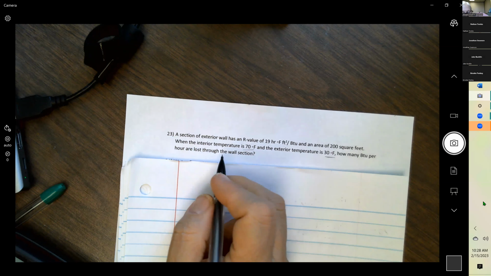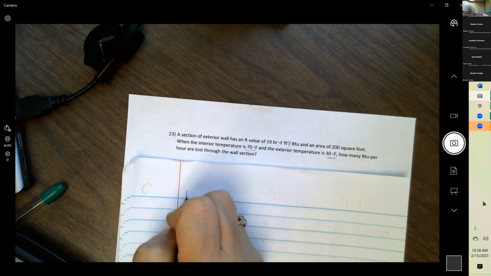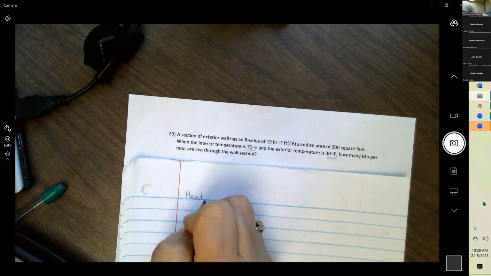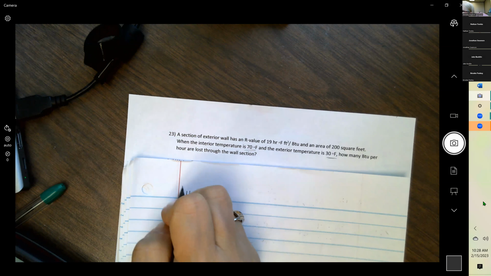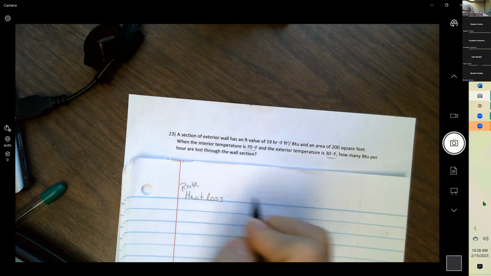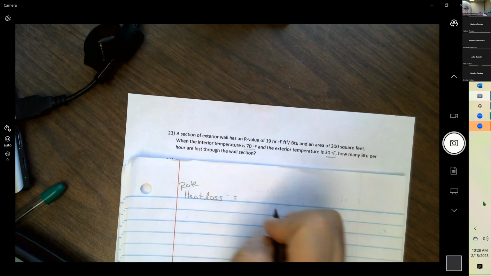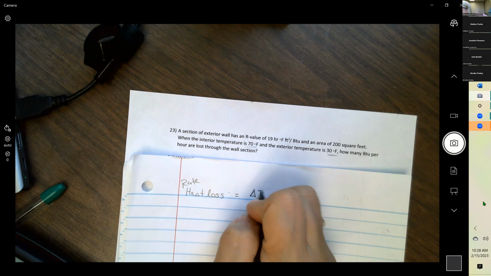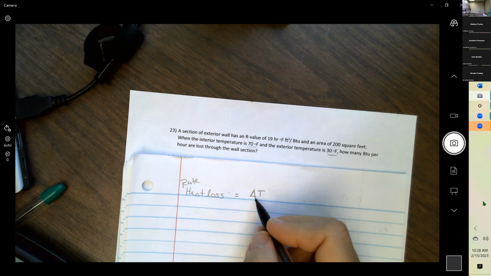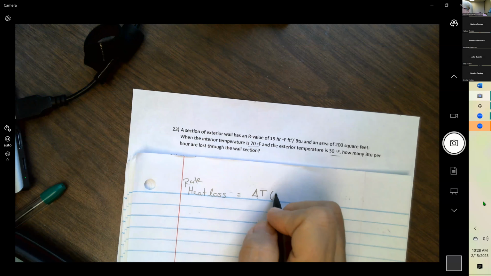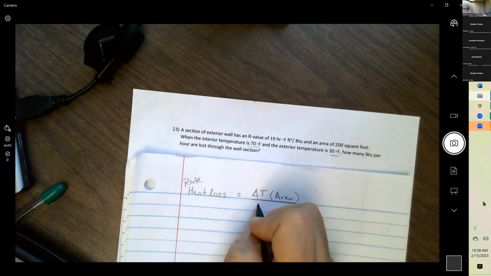So when we're talking about our heat loss, and this will be a rate that we're losing it at, it's the change in T, so that means subtract your temperatures, times your area, divided by your R value.